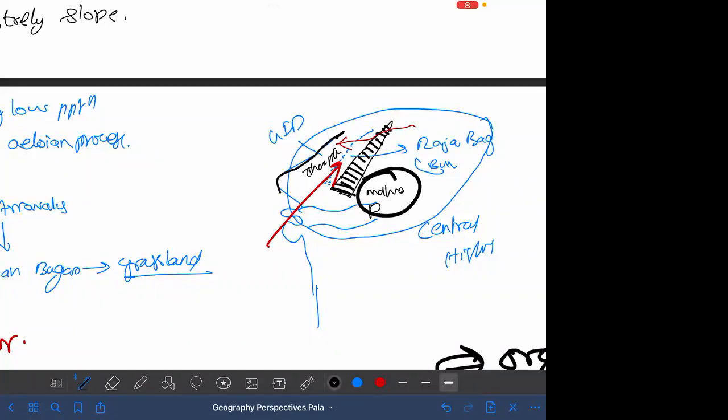The Malwa Plateau generally slopes towards the north, to the Indo-Gangetic plains.